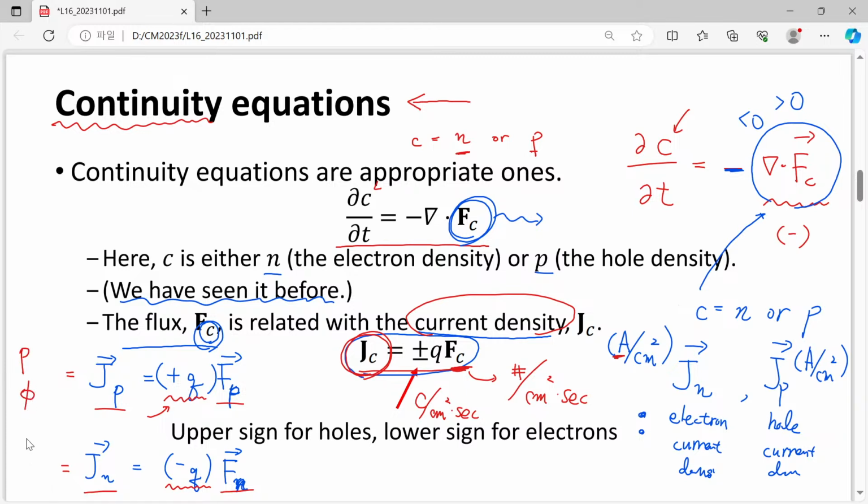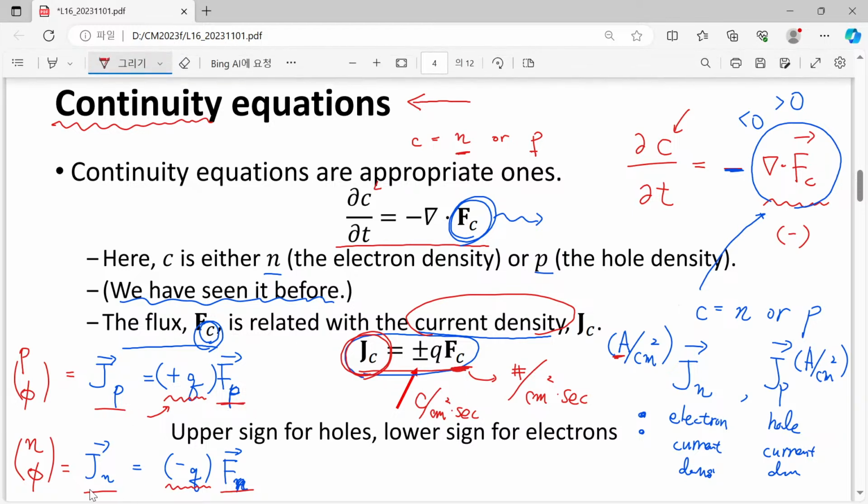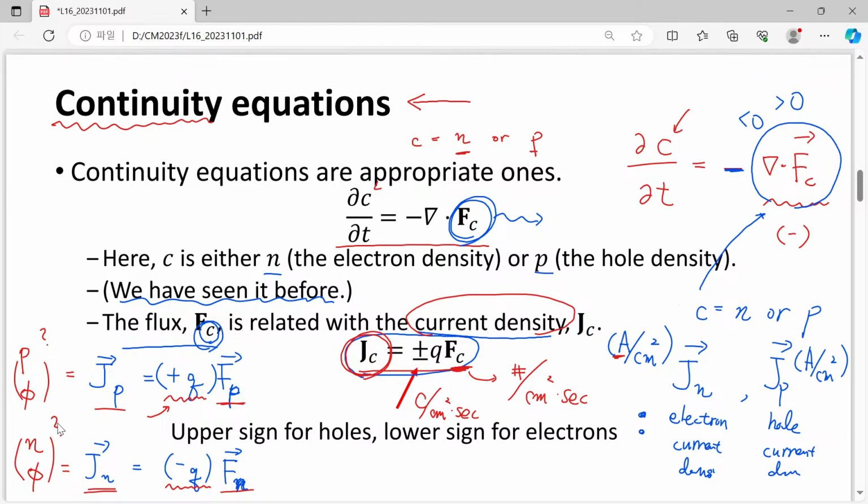Also, we need to express the electron current density in terms of electron density and electrostatic potential. These jobs are more important than just stating that J sub P or J sub N can be related to the flux. So what is the suitable form for our current densities? That is the most important question right now.